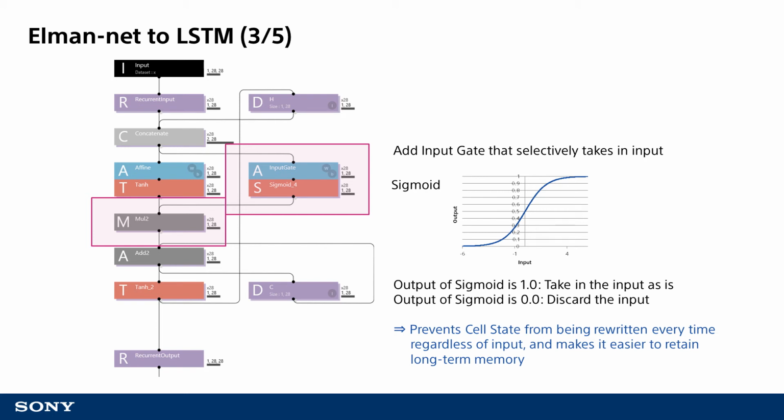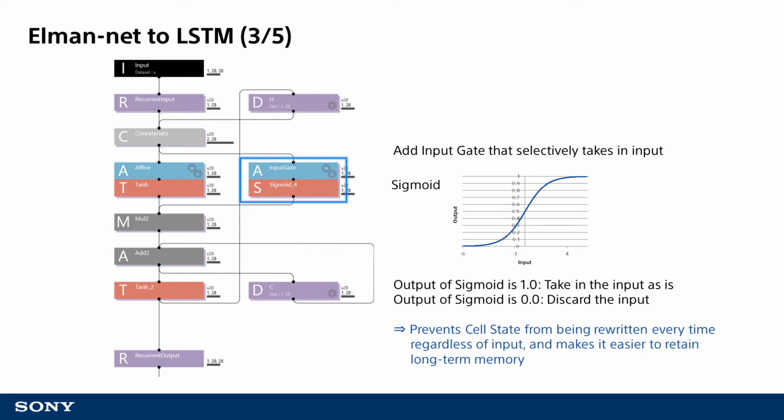Input gate has a functionality that selectively takes in input and determines whether to input or not depending on the content of the input. Specifically, input gate is affine and sigmoid, that is, a linear transformation and an activation function, which produces a value from 0.0 to 1.0 for each neuron, as shown here.